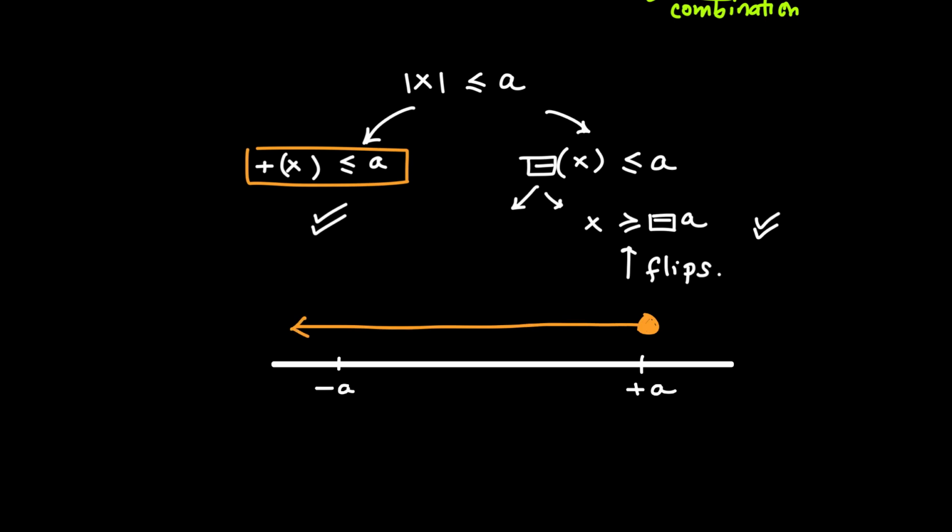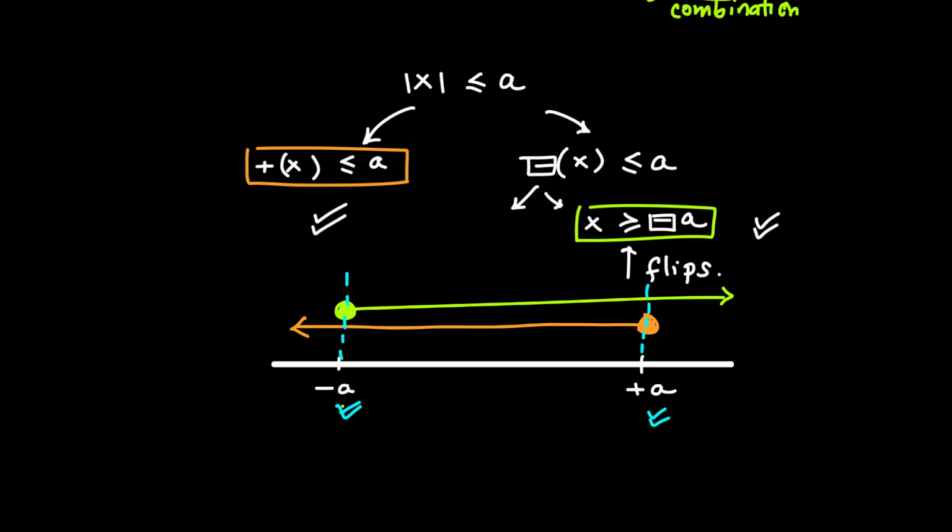This inequality is x is greater than or equal to negative a. So this is negative a, and greater than or equal to negative a. So we look at the overlapping region. The overlapping region lies between negative a and positive a. Therefore, the inequality after opening up, applying the concept, becomes like this.